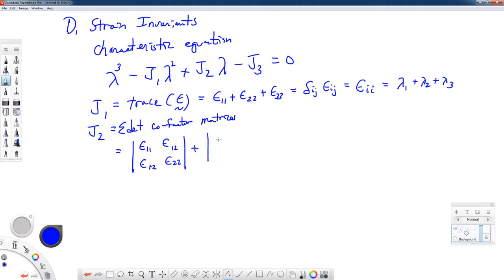And then the next one, we need to get all the cofactor matrices. I'm moving from right to the left. I will get this. And then lastly, if I struck out the first row and the first column, this would be my cofactor matrix.